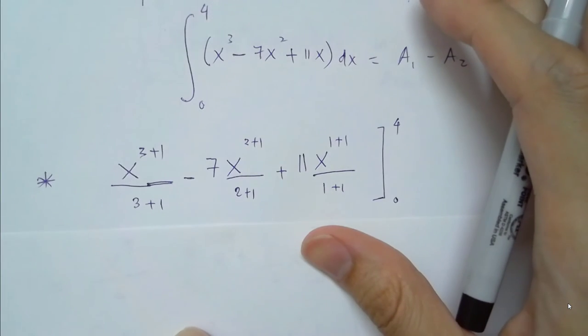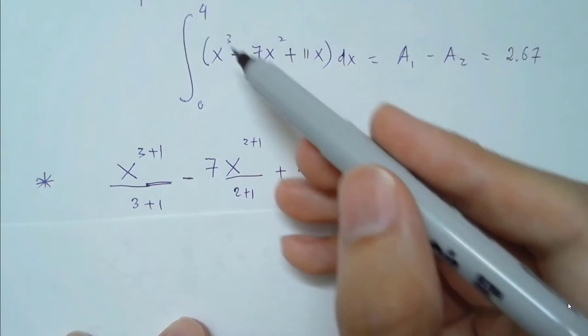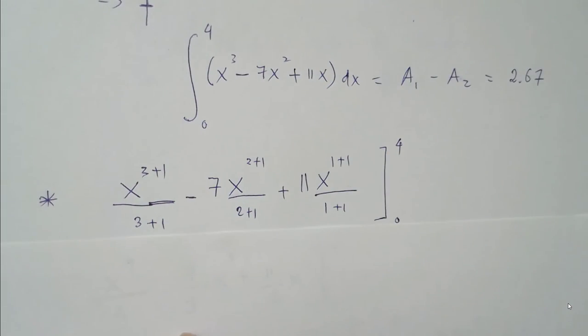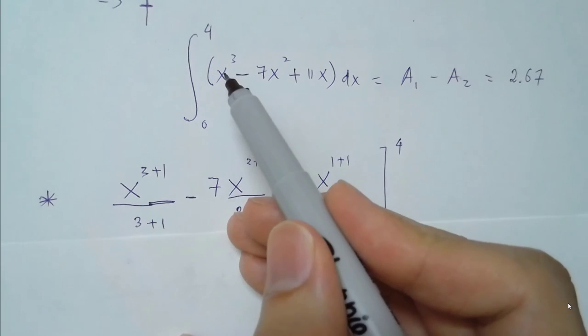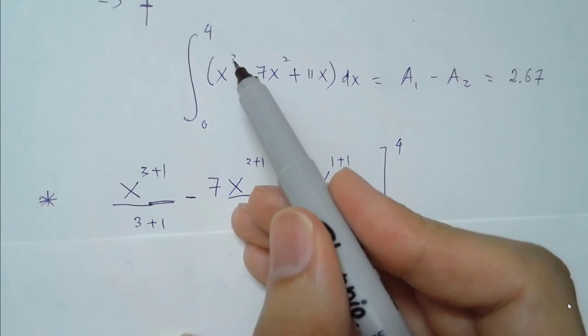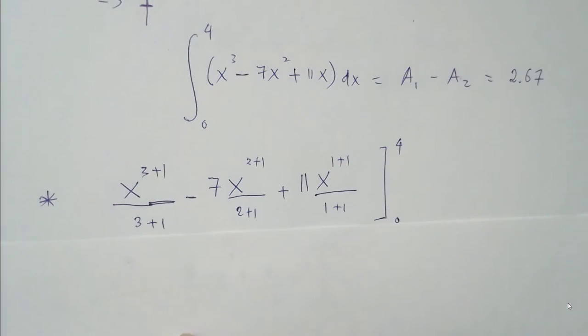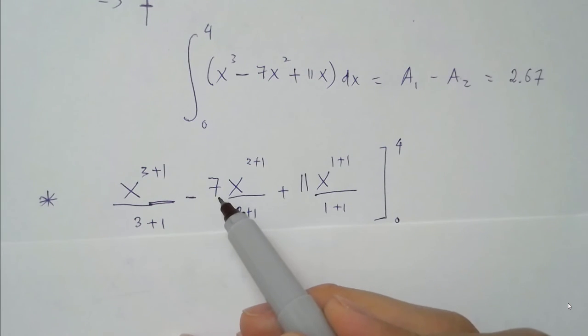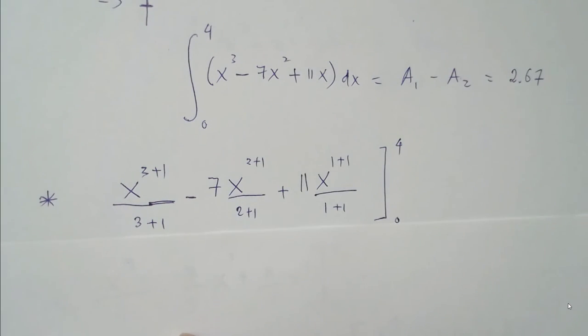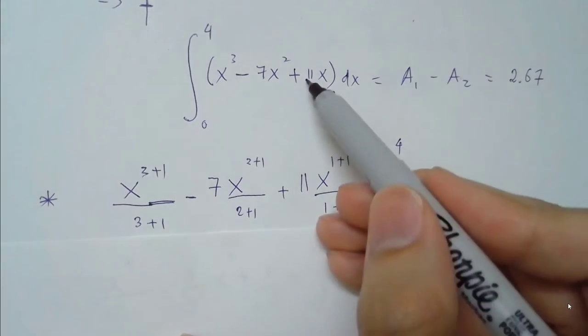We can solve this integral by the power rule. The power rule says that we take the power, in this case the power of 3, add 1 to that, and divide by the same exponent that we got here, and then we keep the minus sign. We keep the 7 constant in the front, add 1 to 2, and divide by the same exponent, and we keep the plus sign.